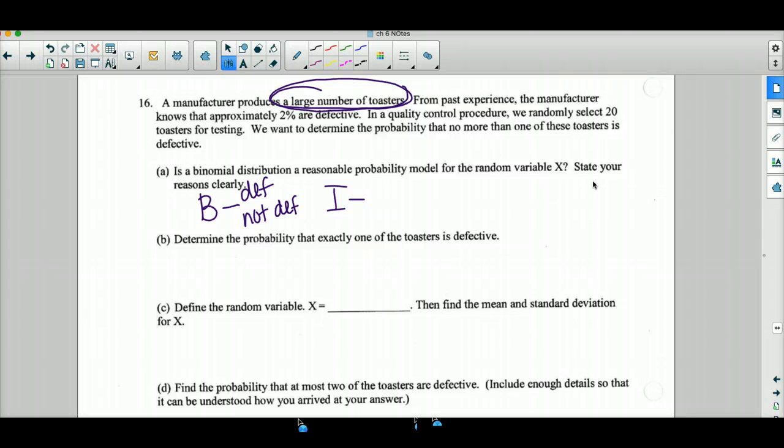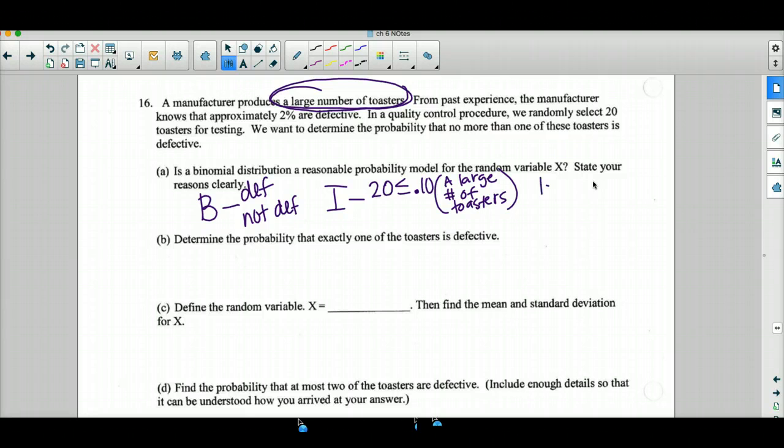So do you think it's safe to say the company makes more than 200 toasters if they make a large number? So 20 is less than or equal to 0.10 times a large number of toasters. That means I haven't oversampled my population. Remember, you cannot oversample. 10% rule.